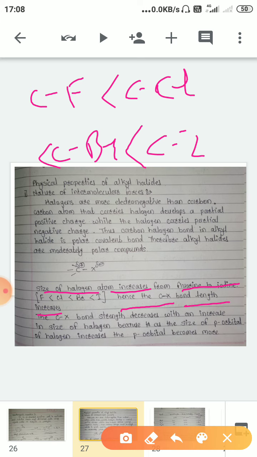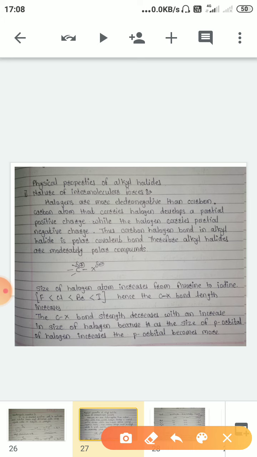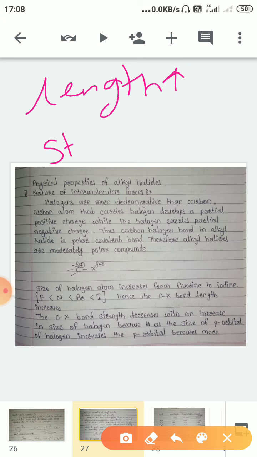As the size of the halogen atom increases, bond length goes on increasing, and as the bond length goes on increasing, bond strength decreases.